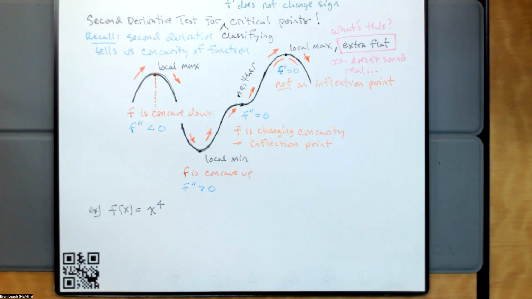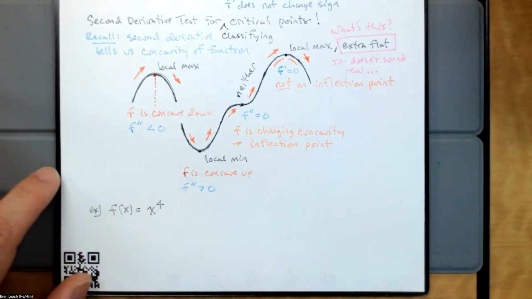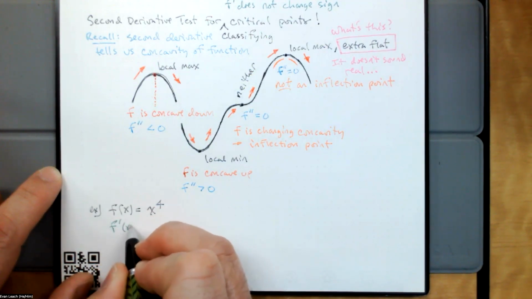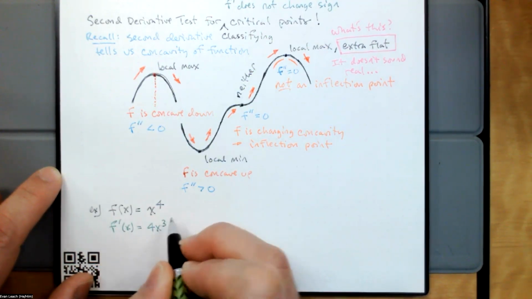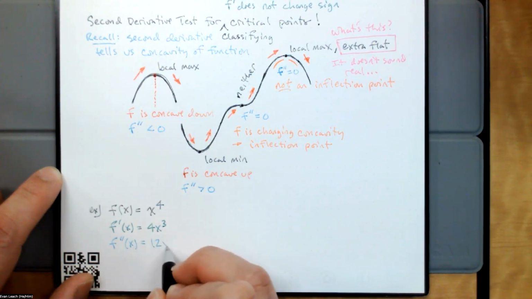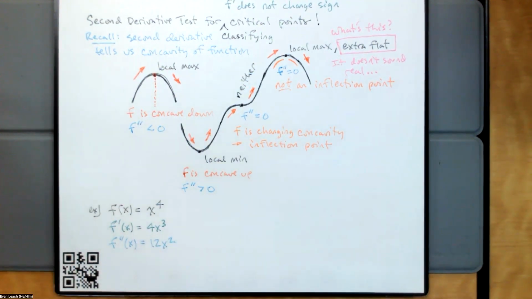This function is just extra flat at 0. f prime is 4x to the 3rd, and f double prime is 12x squared. f prime of 0 is equal to 0. f double prime of 0 is also equal to 0.